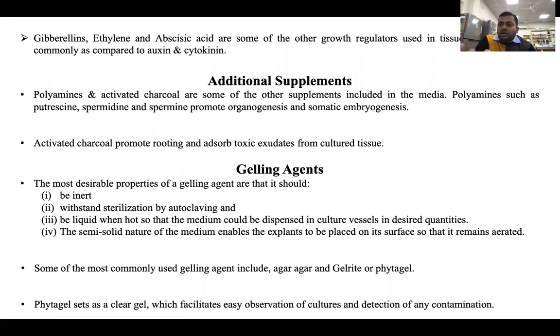Now, apart from all these important nutrients, vitamins and plant hormones, especially when we are not doing cell suspension culture, we are doing the callus culture or these kinds of things, we need a solidifying agent, and that is called a gelling agent.